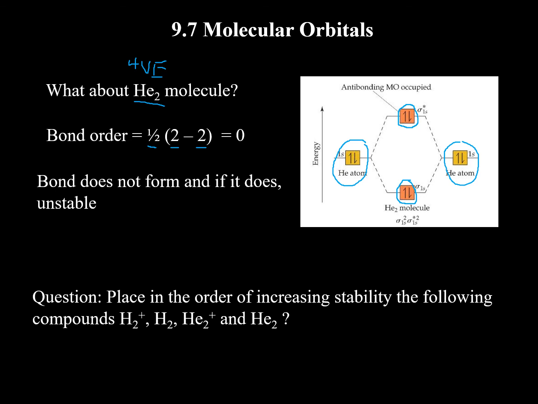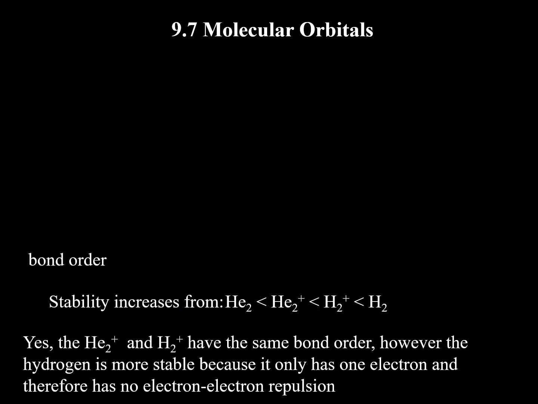The question for you: let's place in order the increasing stability of the following compounds. H2 plus, when you have a plus, that means you lose an electron, so you only have 1 electron there. H2, He2 plus, that would be 3 electrons, and He2, which we just did above, would be 4 electrons, and we would use the bonding and anti-bonding MOs to figure out the bond order.